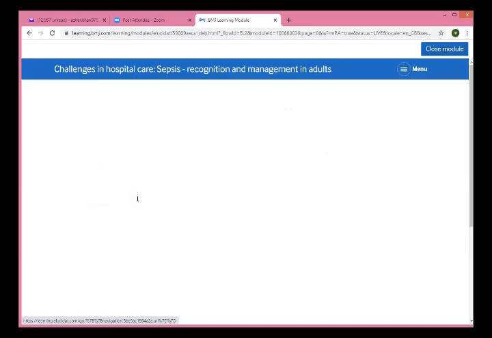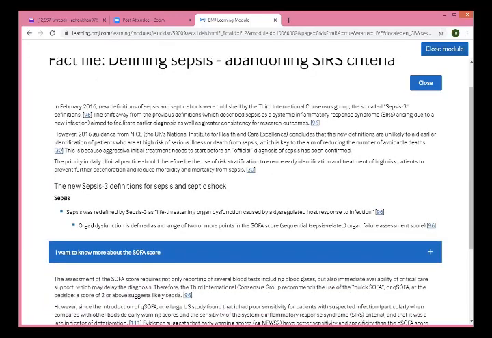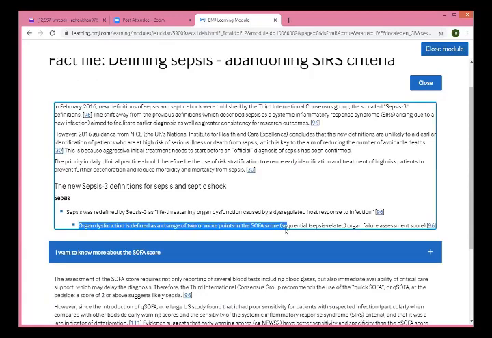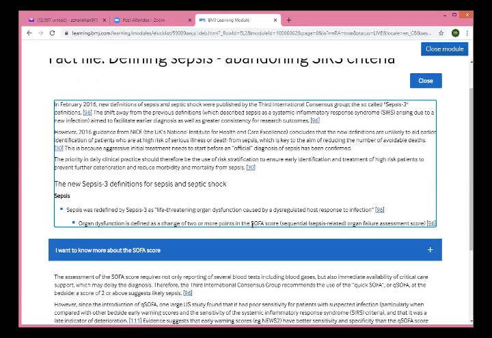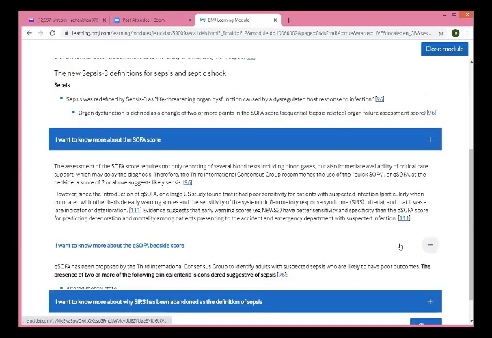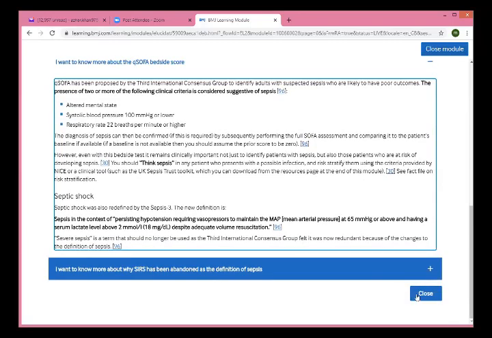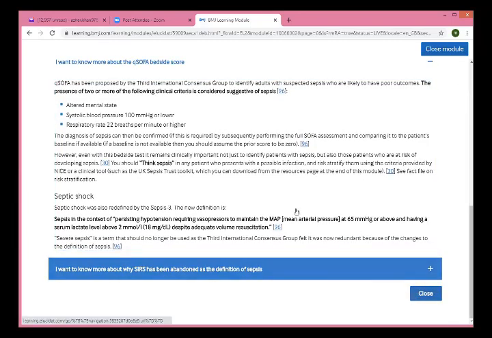So again, organ dysfunction is defined as a change of 2 or more points. And what was the qSOFA score? Altered mental status, systolic blood pressure, and respiratory rate. So these are the 3 things in the qSOFA score.